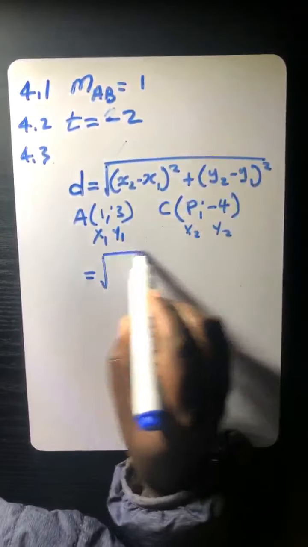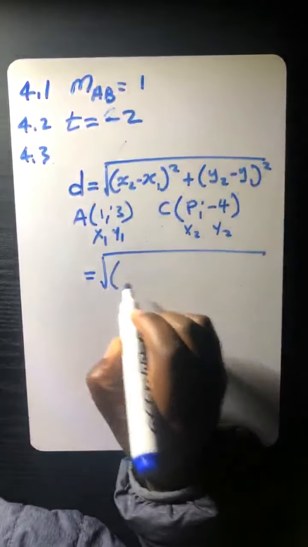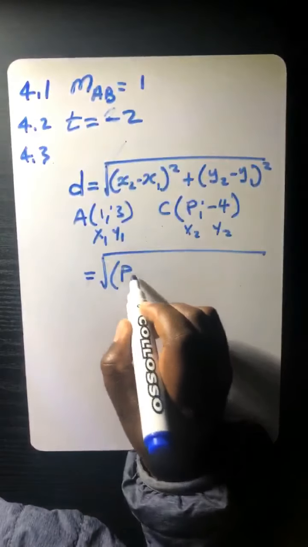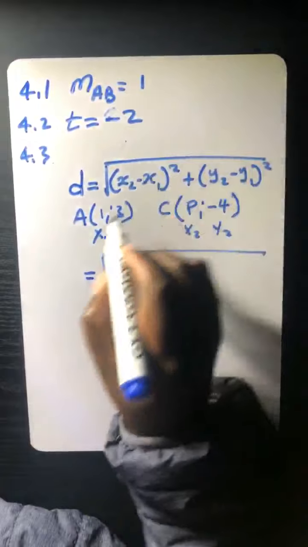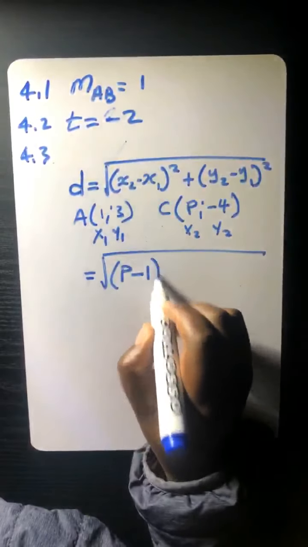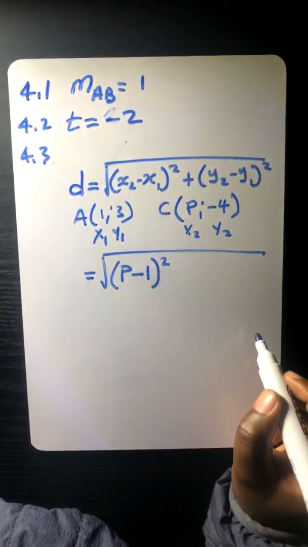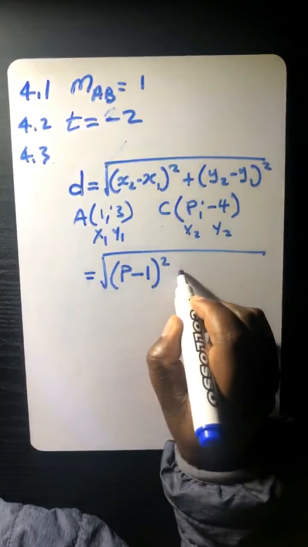So let's now try to substitute. What is our x2? Can you see our x2? It is P minus, what is our x1? It's 1. Just make sure that whatever I'm substituting there, guys, I'm substituting correctly, because otherwise we are going to get incorrect values.